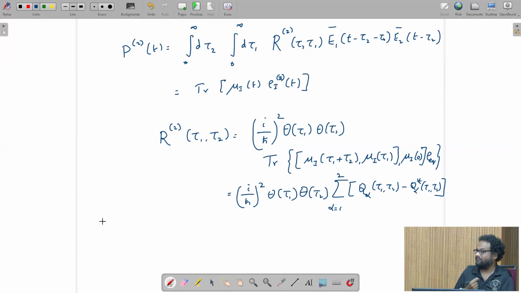Now, those are the correlation functions because at the end the expectation value is the trace of a bunch of operators multiplied with the density matrix, right? So your Q1 in this case, the trace will be three dipole moment operators.